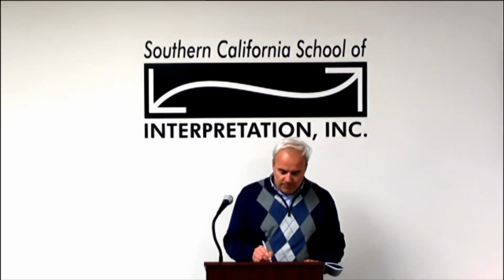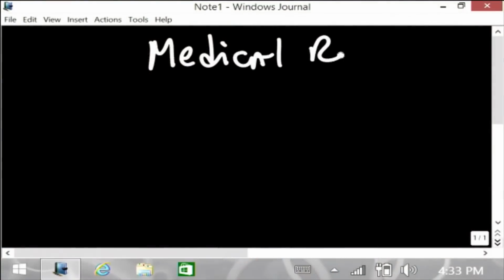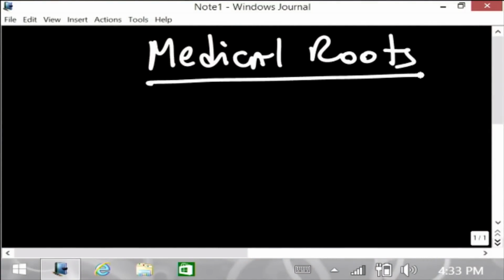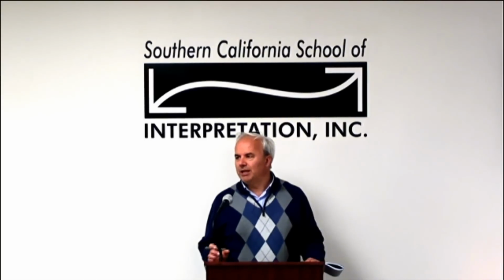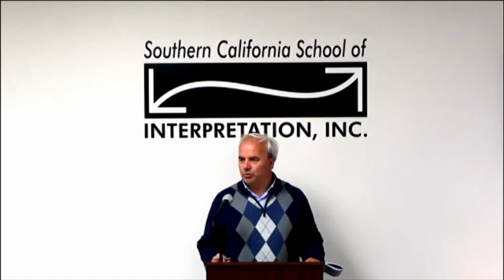But today, first we want to look at medical roots. And the reason why we want to look at medical roots is because sometimes when you take the written medical exam, you are unable to understand the meaning of a given word, and if they ask you for synonyms for that particular word, you can at least determine what it refers to based on those roots.